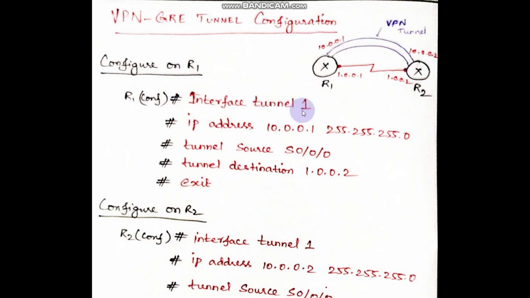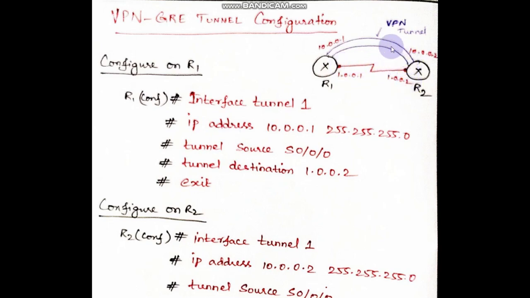Tunnel space 1. Then, for that tunnel, I am going to give a private IP address. Previously this serial port was assigned a public IP, because this is a public link, as I told you.